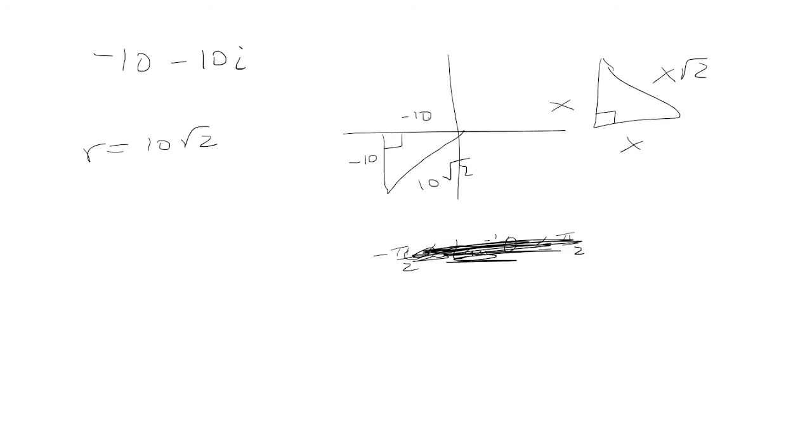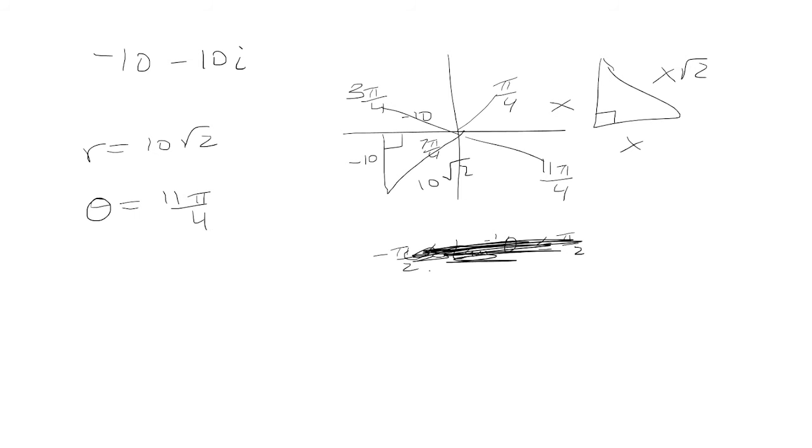So what we could do is, we know that this is pi over 4. This is 3 pi over 4. So this one will be 7 pi over 4. And this one will be 11 pi over 4.